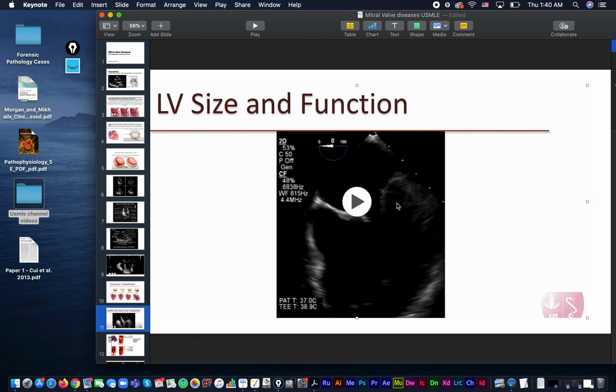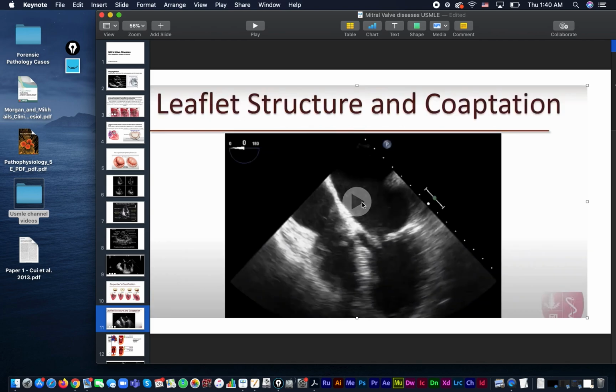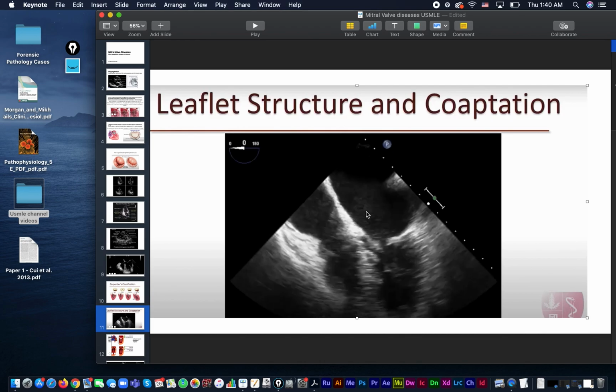Because only during diastole, the leaflets have a hard time closing because after systole, they have to coapt, but the chordae and the papillary muscles haven't changed.